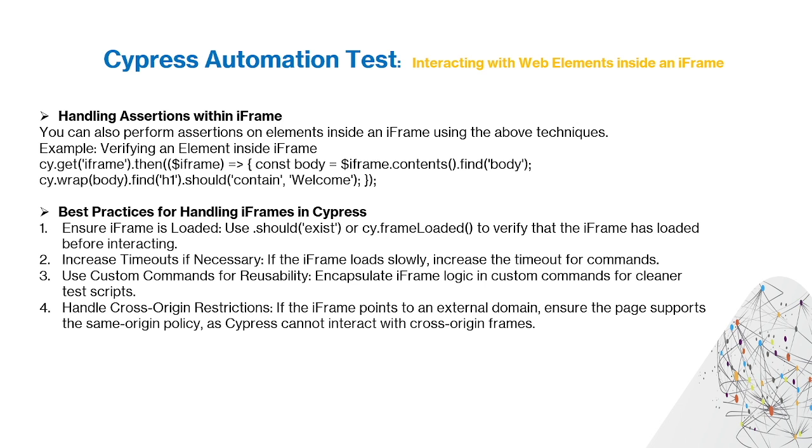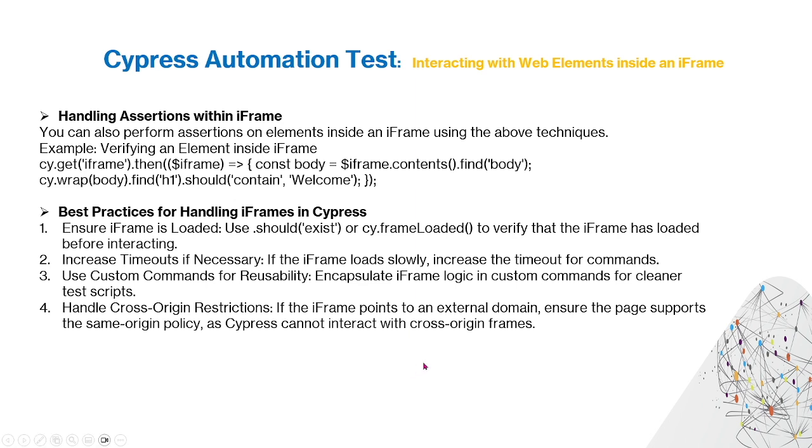Use custom commands for reusability. Encapsulate iframe logic in custom commands for clear test scripts. Handle cross-origin restrictions. If the iframe points to an external domain, ensure the page supports the same-origin policy, as Cypress cannot interact with cross-origin frames.